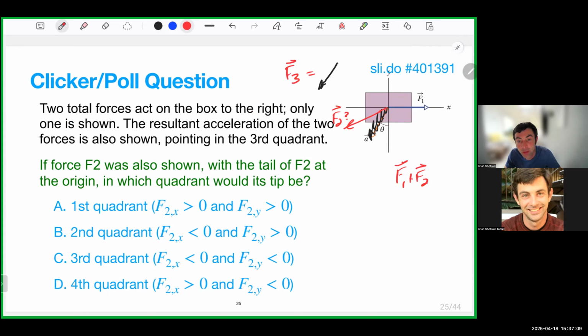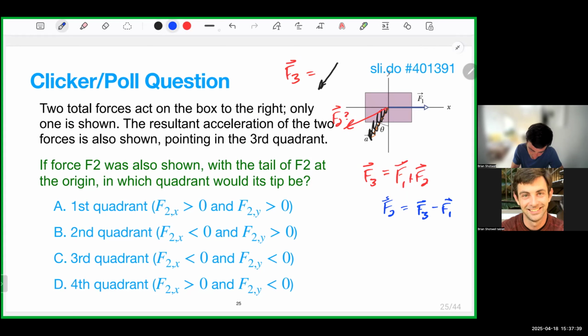So remember, when we add up F1 and F2, that gives a resultant force, F3, and that's going to point in the same direction as the acceleration. So we don't know what F2 is, but we know the direction of F3 and we know F1. So if we take this equation and solve for F2, we get F2 is F3 minus F1.